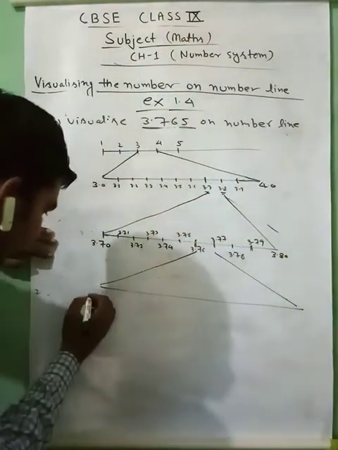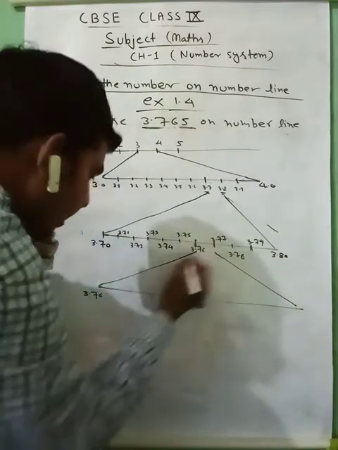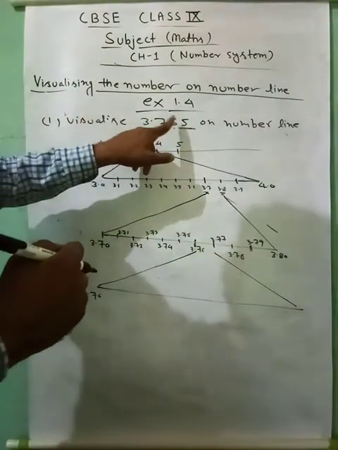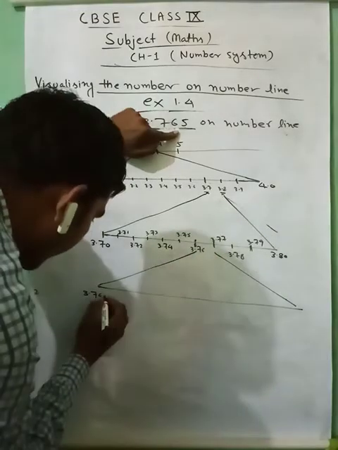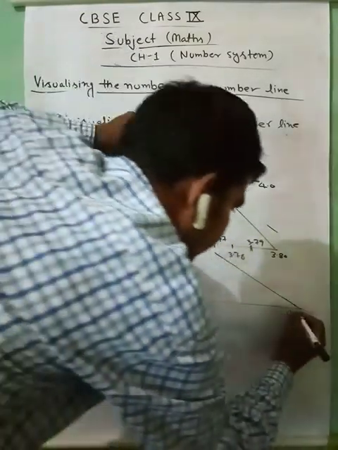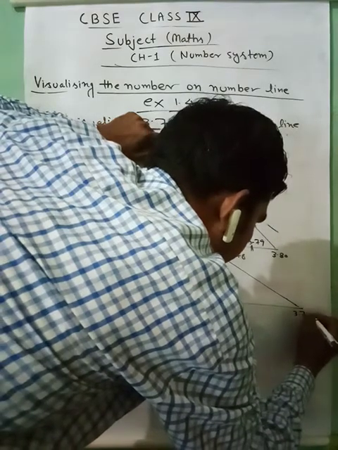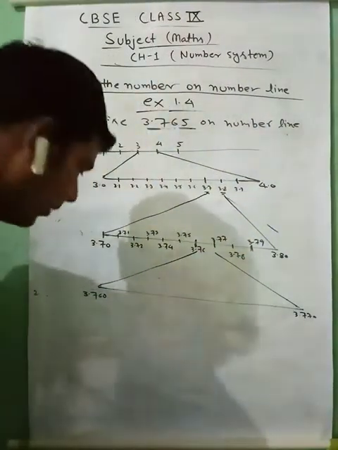It is 3.76. Again we will write here 0, and here it is 3.77, 3.770. Now again we will divide this distance into 9 equal parts.